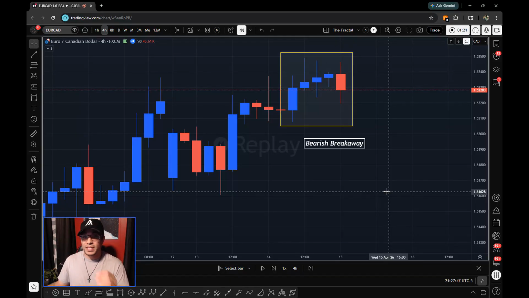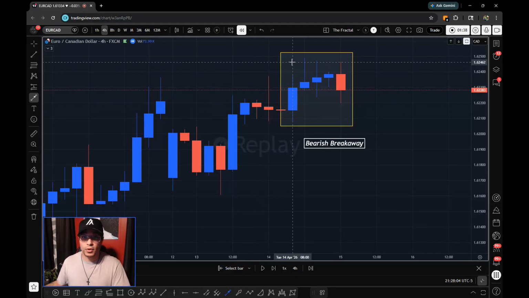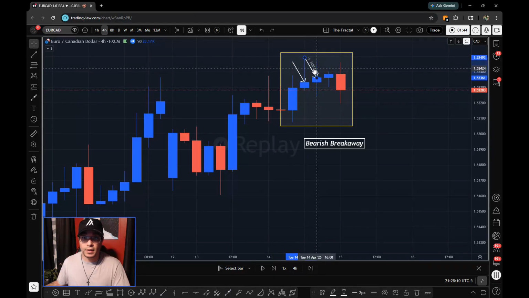Now, these 3 candles have to follow a certain rule, and that rule is that each of these candles' closes, okay, must be contained within the following candle's body. Now, the closes I am talking about are here, here, and here.